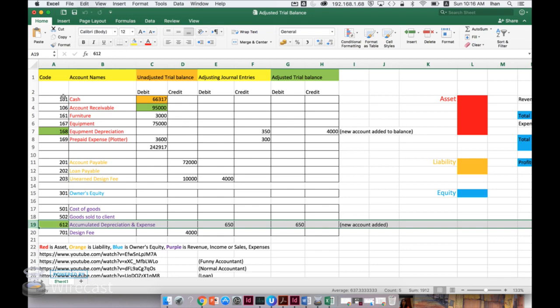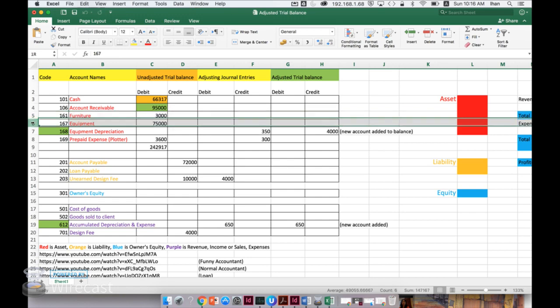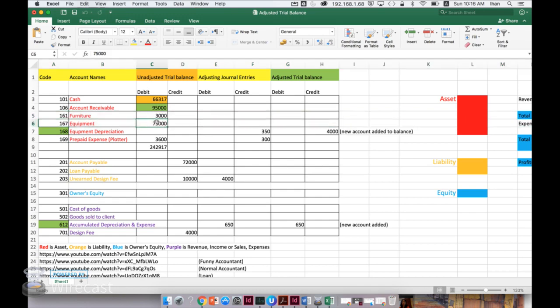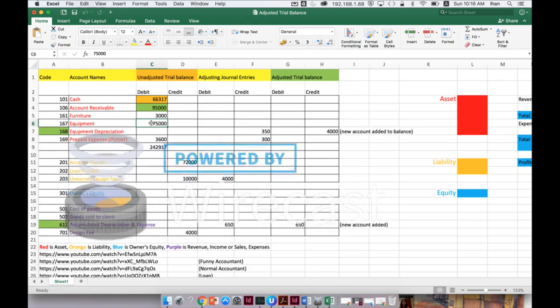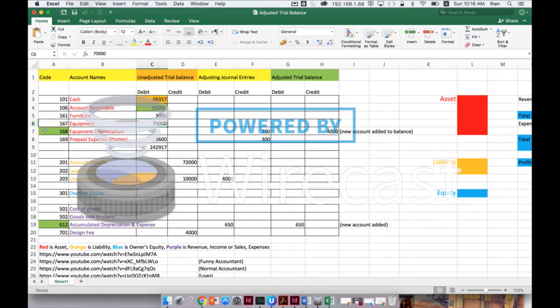So in the ledger, once you pull all the accounts together, they're cash, accounts receivable, furniture, equipment. You notice the equipment is recorded as debit because we bought all together 75,000. We have a computer, we have a truck, and we have Rhino and Very. All of those combined is this balance here. And this is a new one, so you can ignore it for now.